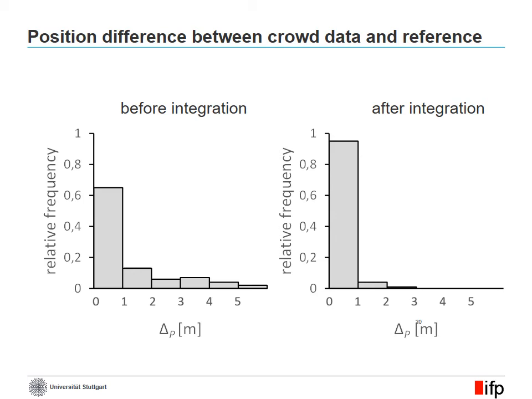But if we collect it 10 times, integrate it, and average it, then we have a position difference between 0 and 1 meter for 95% of all vehicles, and the maximum difference is only 3 meters. You see here is a significant improvement.